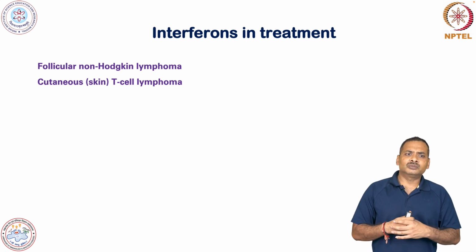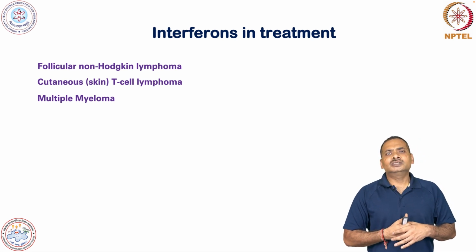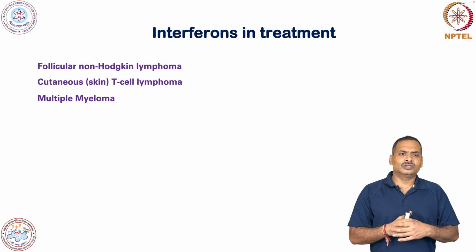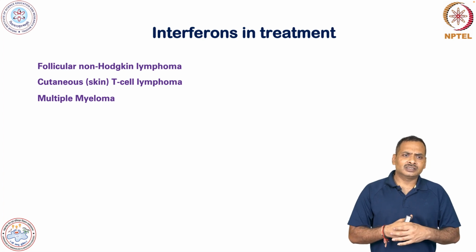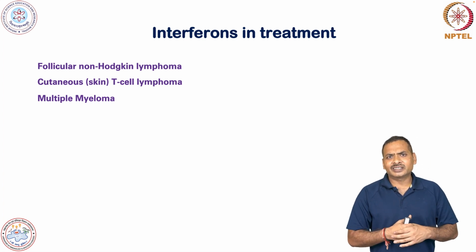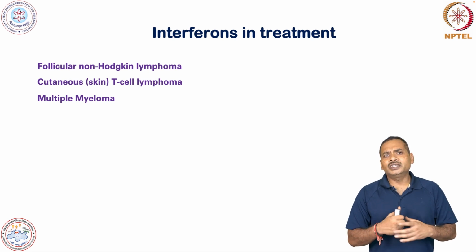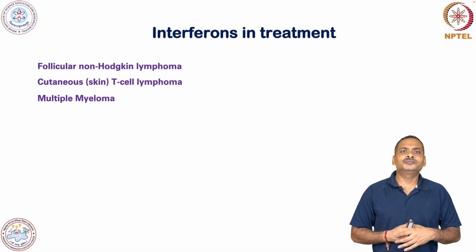This is also treated by interferon gamma, and multiple myeloma. This is also treated by interferon gamma, and if you see, these three diseases are cancers. So interferon gamma is widely used in the treatment of these cancers.